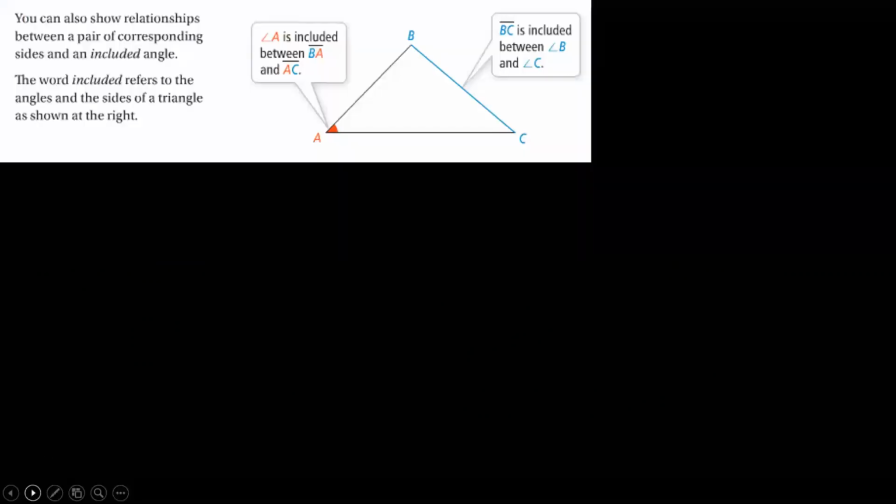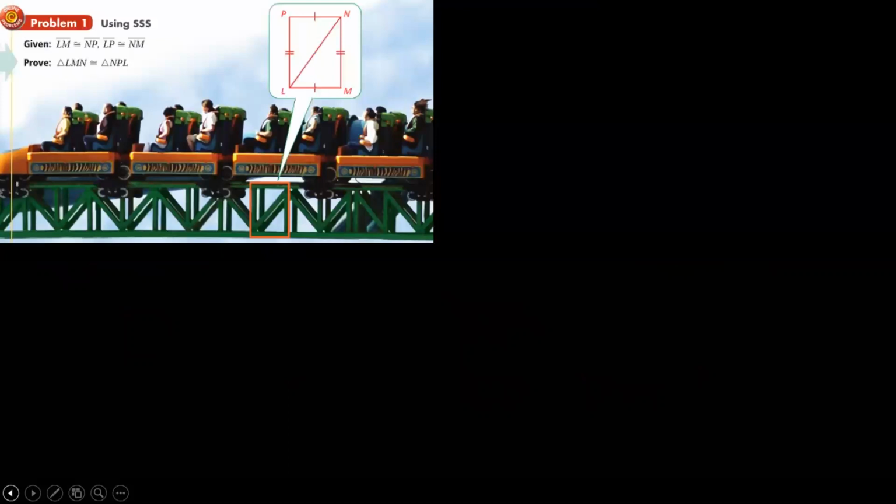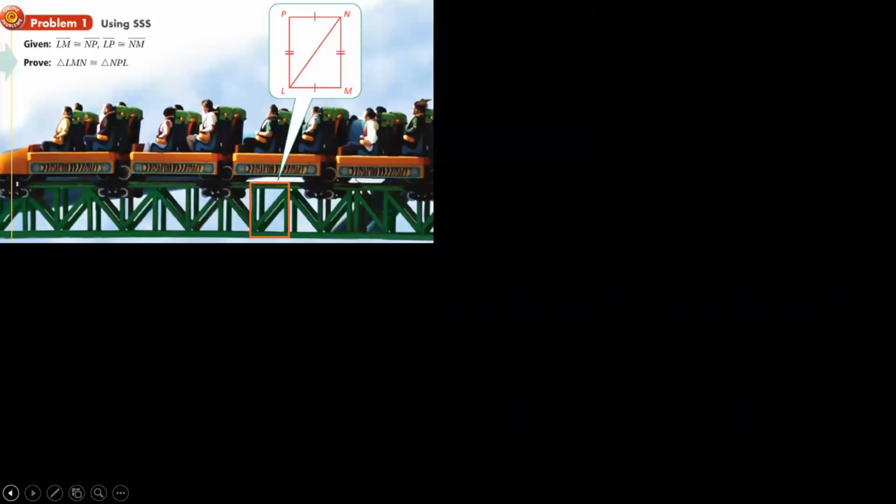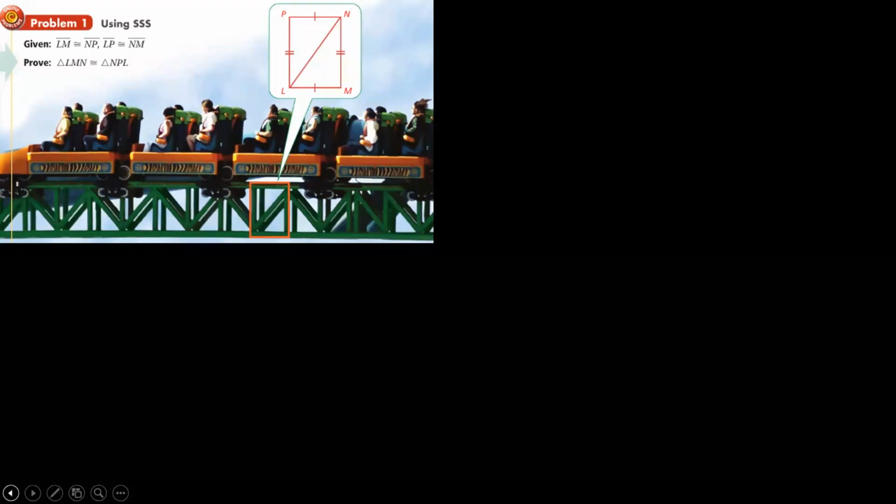When I flip the triangle LMN to put it beneath the triangle NPL, the side MN, because it is down, becomes NM. Yes, when I flip it, the side NM becomes MN.